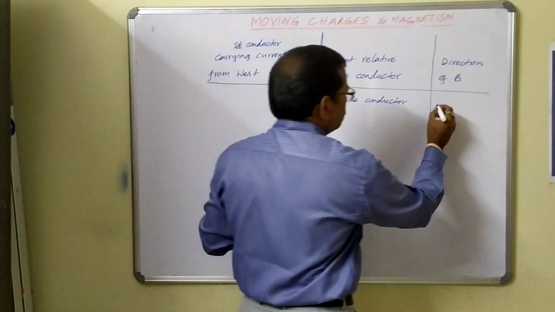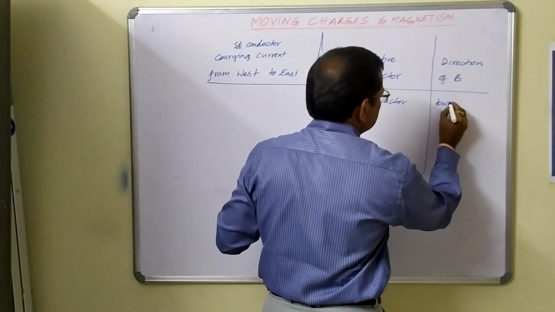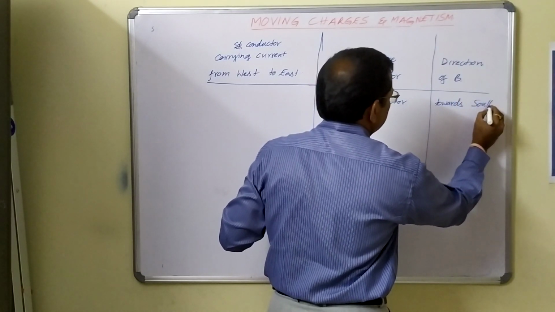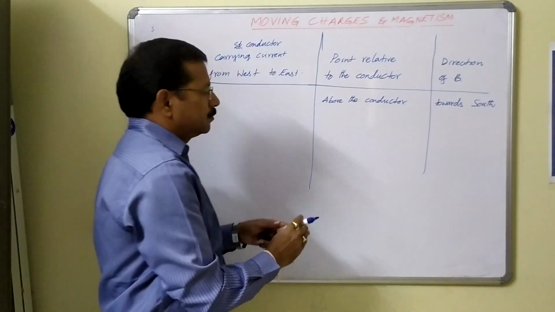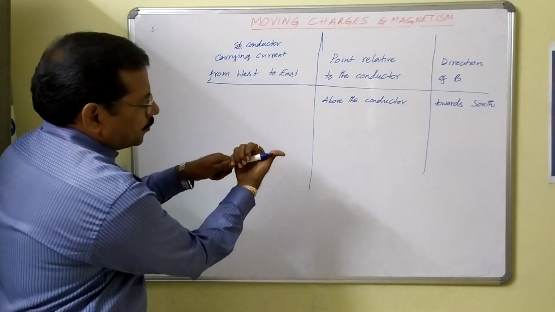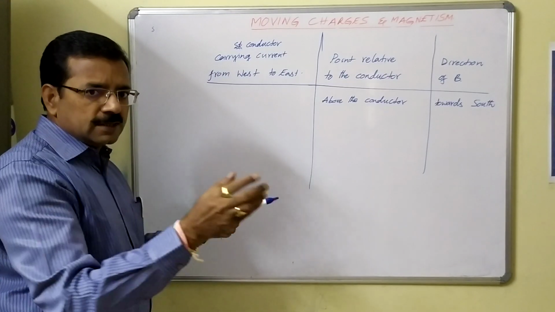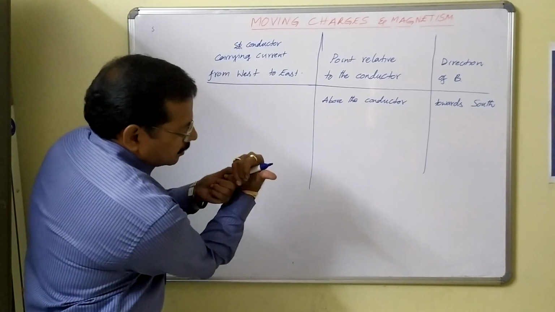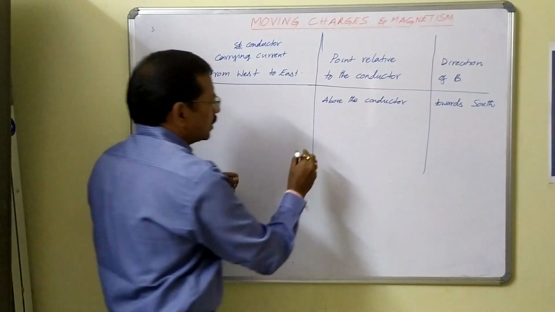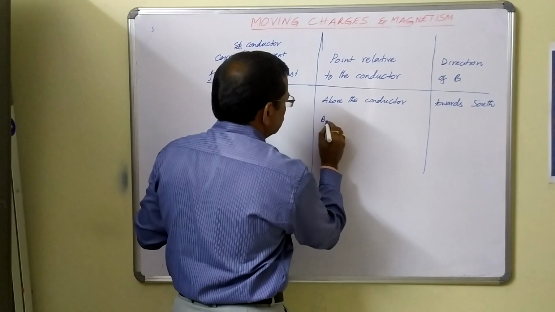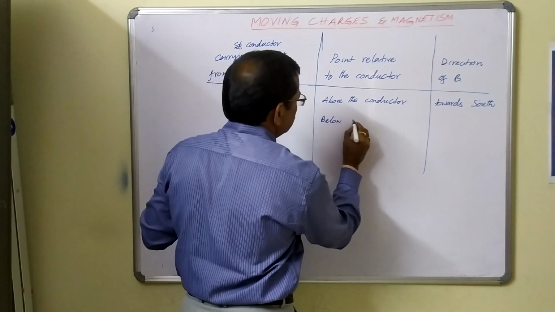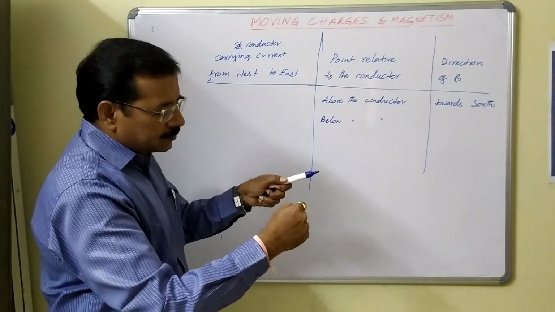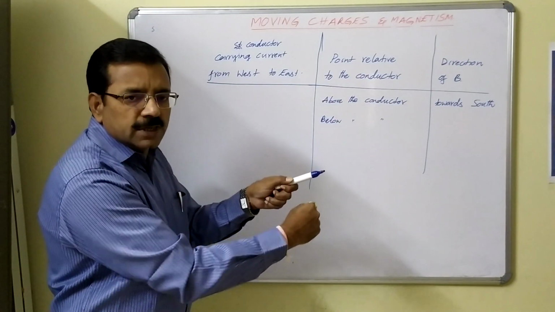That is, the direction of B is towards south. Consider a point below the conductor. You can easily answer this question. The field lines curl like this. At a point below the conductor, what is the direction of magnetic field induction? It is away from you, that is towards north.